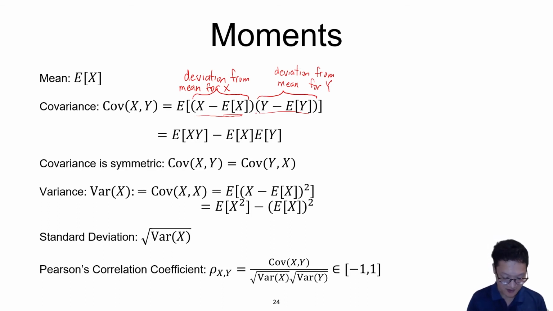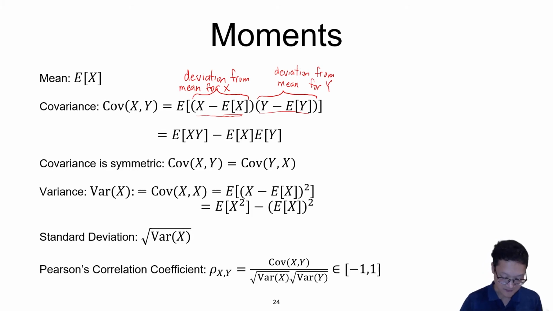So basically, the sign of the covariance tells us whether x and y tend to be above their means together, and also below their means together. So if whenever x is above the mean, y also tends to be above the mean, and whenever x is below the mean, y is also below the mean, that means the covariance is going to be positive, because you will tend to have positive times positive in that case.